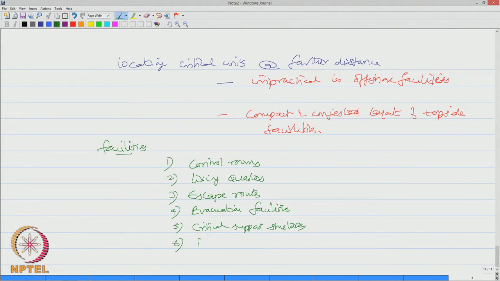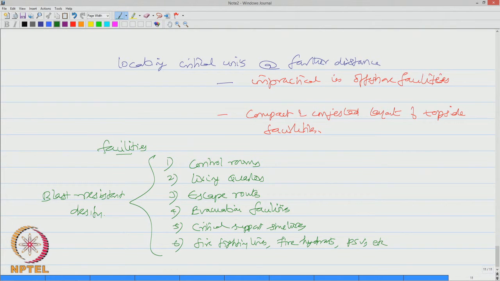And lastly, firefighting lines, fire hydrants, PSVs, etc. So, these should be covered under the scope of blast resistant design of offshore facilities.